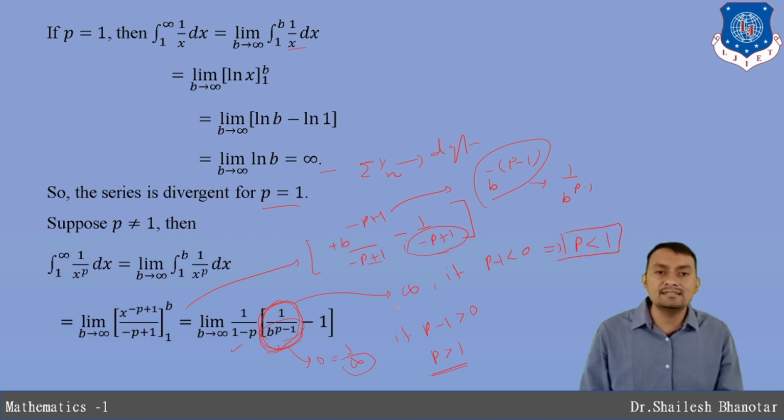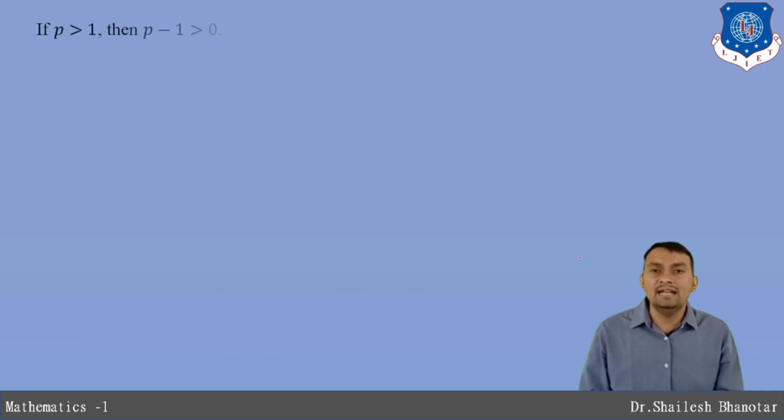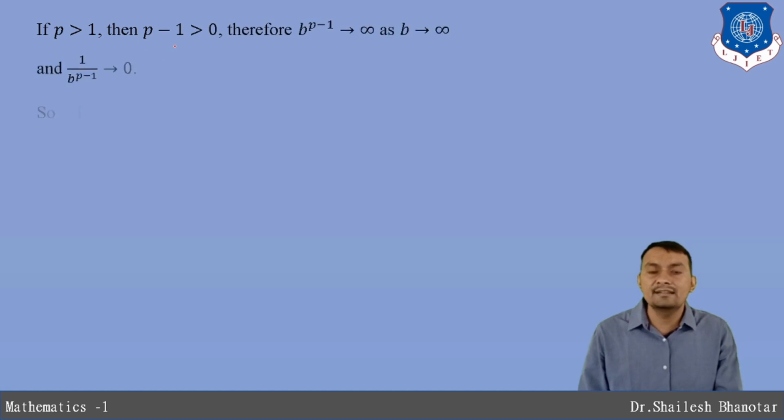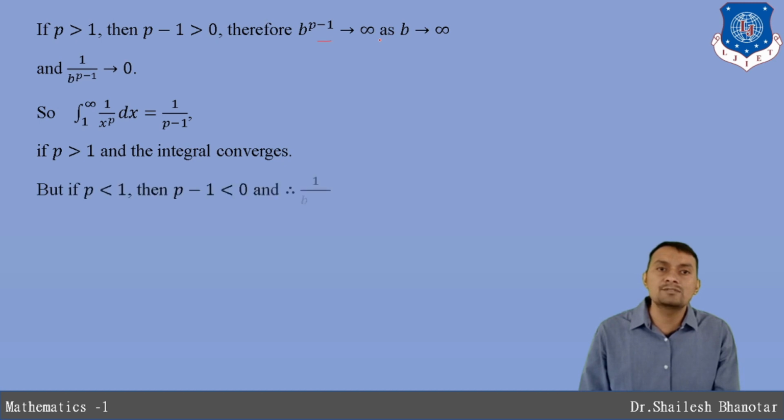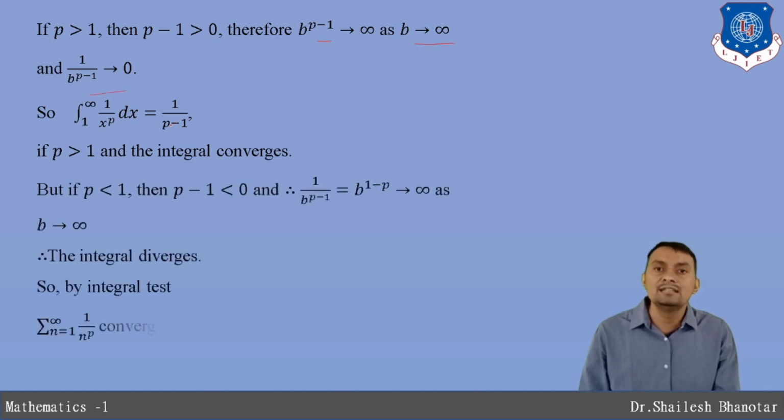So our conclusion says that this quantity is 0 if p is greater than 1, and this quantity is infinite if p is less than 1. If p minus 1 is greater than 0, this quantity tends to infinity as b tends to infinity, therefore this tends to 0.